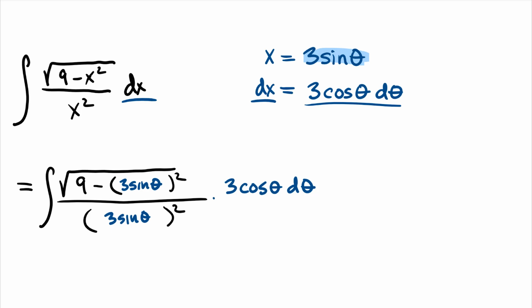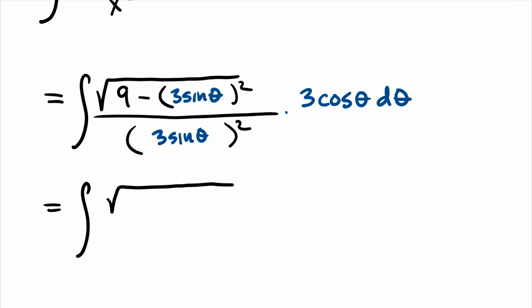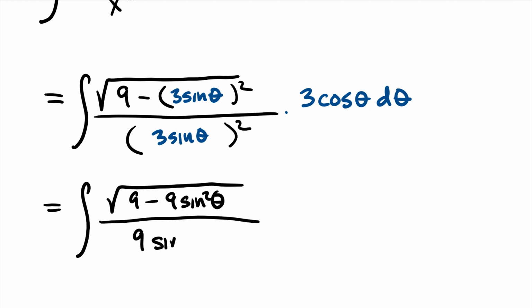Like, everything looked fine before. Well, yeah, good luck. Go back through that and try to do a u sub. Try to do that by parts. Tell me how it works out for you. This is the way we need to get through it. So let's clean stuff up just a little bit. We have the integral of the square root of 9 minus 9 sine squared of theta, all over 9 sine squared of theta, and we got this 3 cosine.